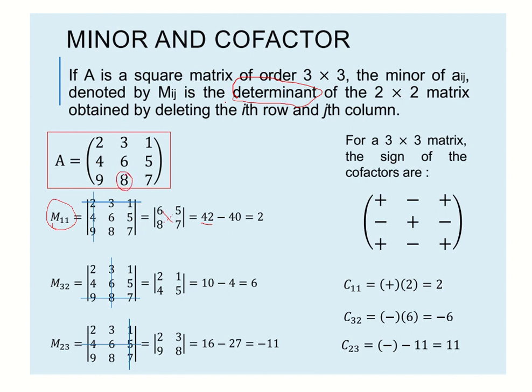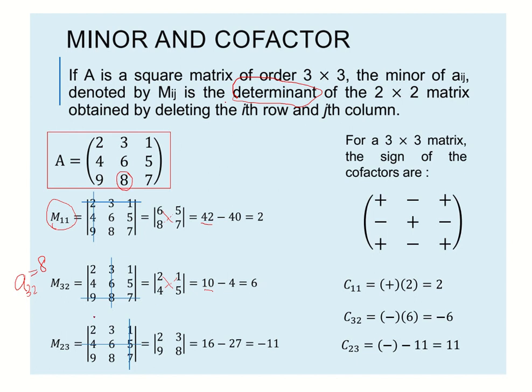So this element is denoted as element 3,2, and we are going to find its minor. We delete the row and the column again, and we find a smaller 2 by 2 matrix, 2, 1, 4, 5. We take 2 times 5, which is 10, and then 4 times 1, which is 4, and we subtract. So 10 minus 4 is 6.